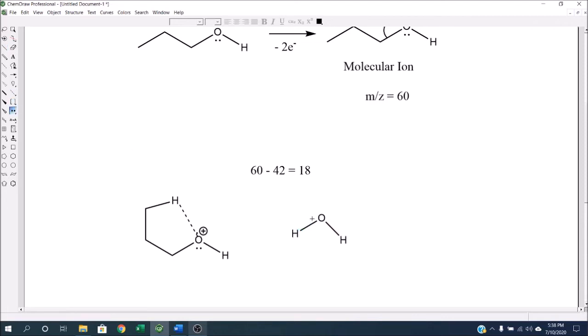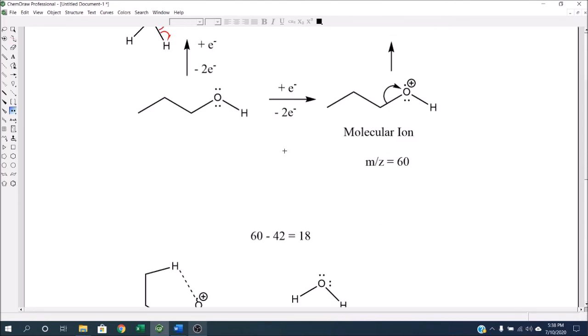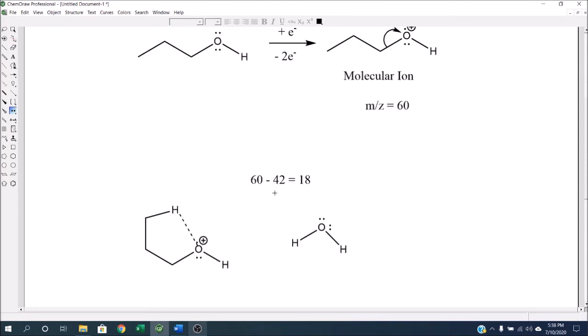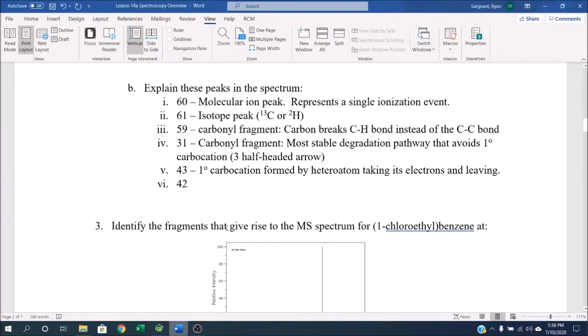And again, mechanistically, I don't want you to worry about the details of this particular one. We're just going to focus on 2 different mechanisms, other than to note that if you have alcohols and the alcohol can somehow reach around and grab a hydrogen and form a 5 or a 6-membered ring, then in a mass spec degradation experiment like this, you typically see a water molecule fall off.